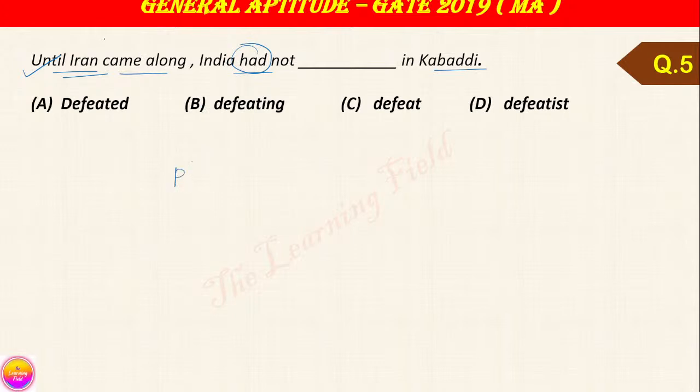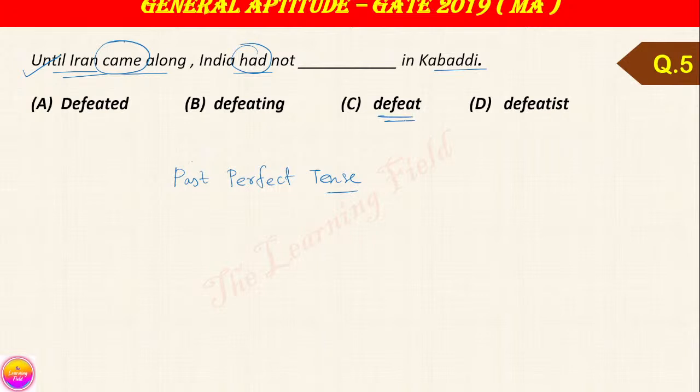And we all know that in case of past perfect tense, in the sentence we always use the third form of the verb. So this is a very easy problem, the third form of the verb.